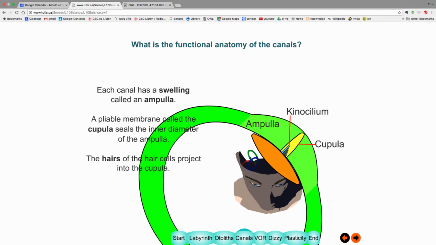Now, if we look inside, again, we've got fluid inside each of these canals, and this fluid pushes on this diaphragm here, inside this widening. This is an ampulla, so there's a widening here, and this diaphragm, called the cupula, blocks this widening, and so the fluid has to push on this cupula, and in doing so, it bends again hairs that project into the cupula.